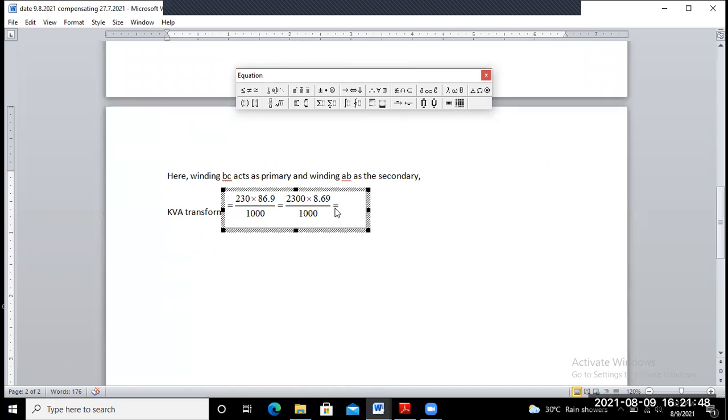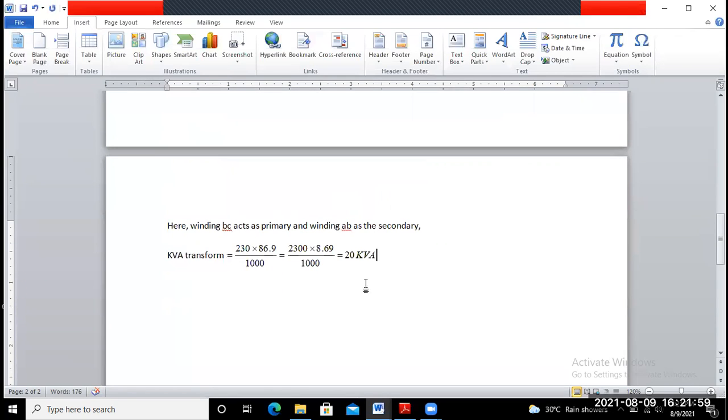That means nothing but 20 kVA. So out of 220 kVA, only 20 kVA is transferred by the transformer action and the remaining by the conduction method.